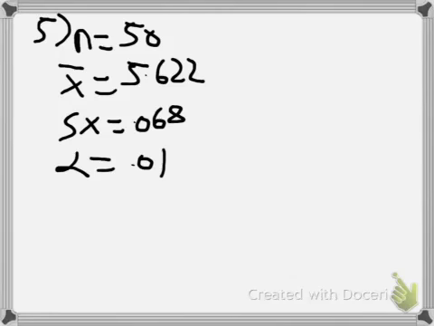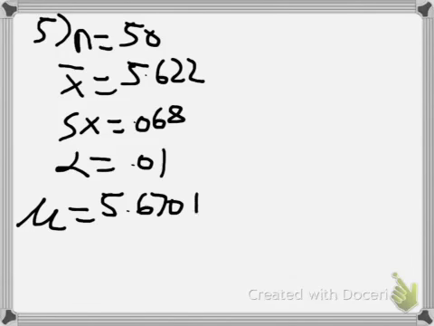So, the claim we can assume by the problem is mu, which is the population mean, equals 5.670, which is also known as the null hypothesis, shown here by H sub 0.